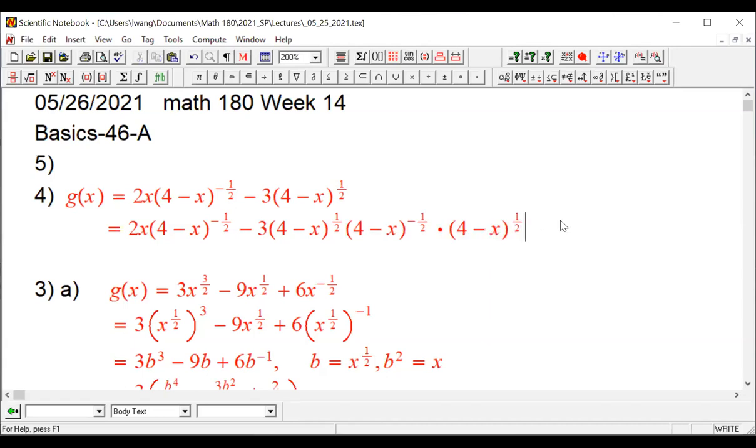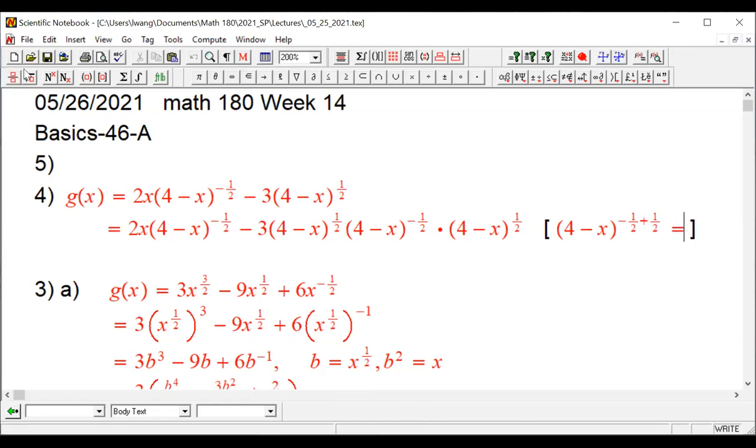All right. By doing this rule of thumb, I would say it can carry you for quite a while. It works in most of the cases you're going to deal with. So what you see is you're going to have a 4 minus x raised to the power 0, because that 0 is created by a negative half plus positive half.